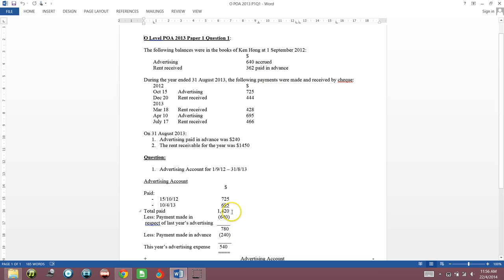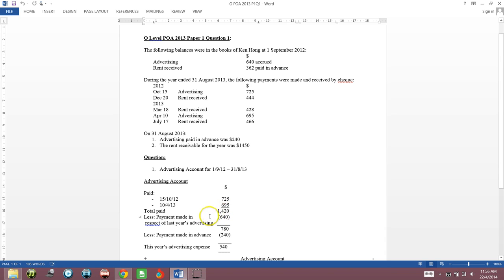So during the year, Ken Hong paid advertising $1,420, and out of this $1,420, $640 was paid in respect of last year's advertising.